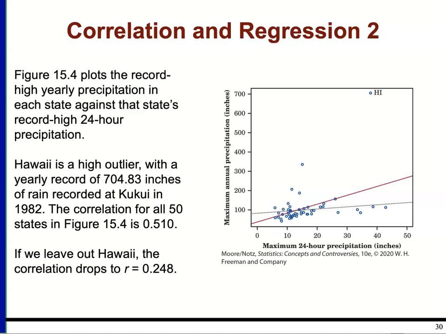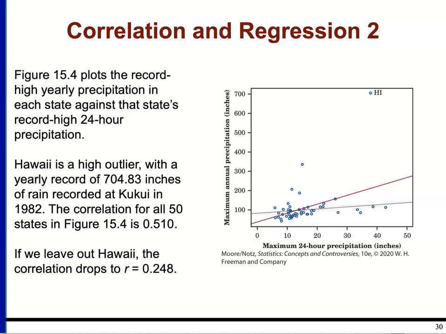And when we have Hawaii in our data set, the correlation is 0.510. So even though that's not particularly close to 1, it's still on the road to being closer to 1. But what is interesting here is if we actually take Hawaii out, the correlation drops to 0.248.